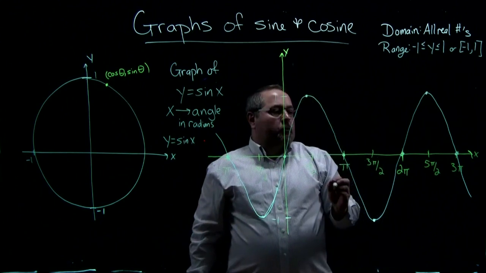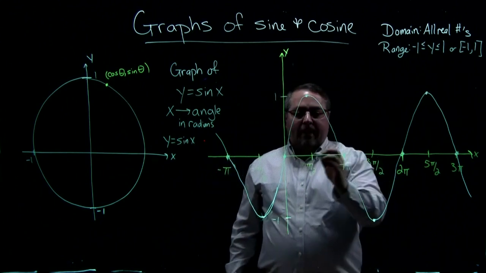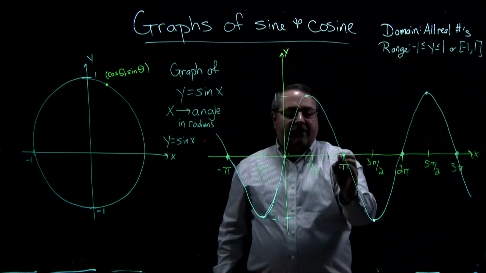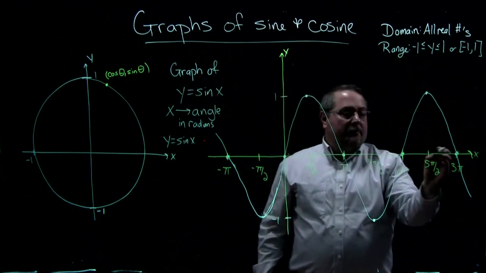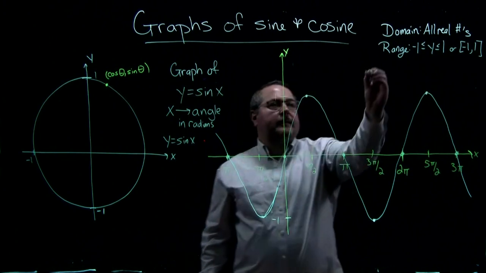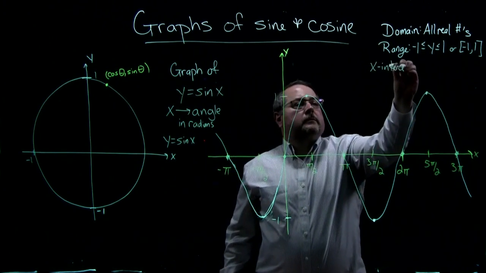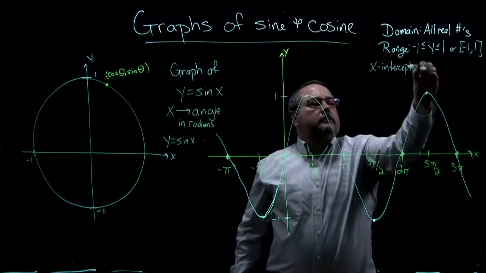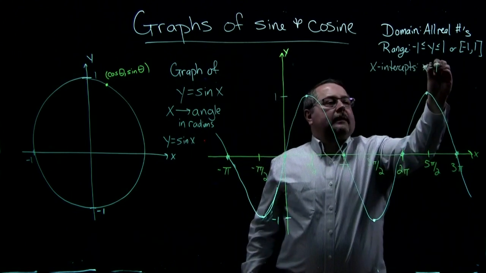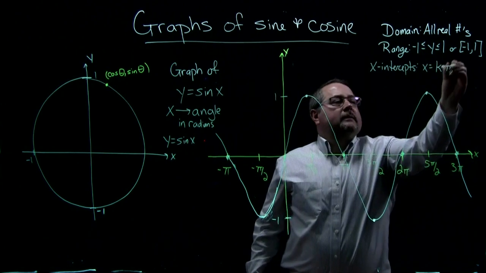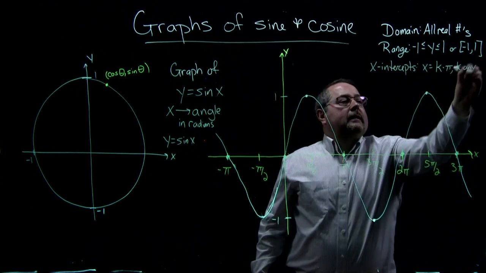Okay, a few other things that we should notice. One is that we have x-intercepts at all of the whole number multiples of pi. So I'll write that as x equals k times pi, k any integer.